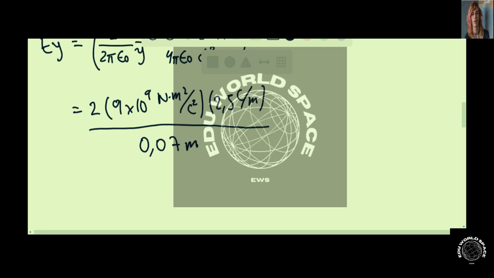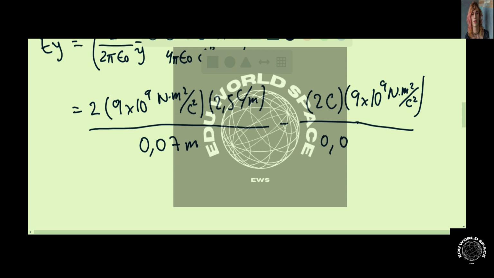And for the other term, we will have minus 2 coulombs over the distance to that point. Also the Coulomb's constant, which is 9 times 10 to the 9 newtons per meter squared over c squared. And the distance to that point, which is 0.0193 meters squared, and this times sine of 59.7 degrees.